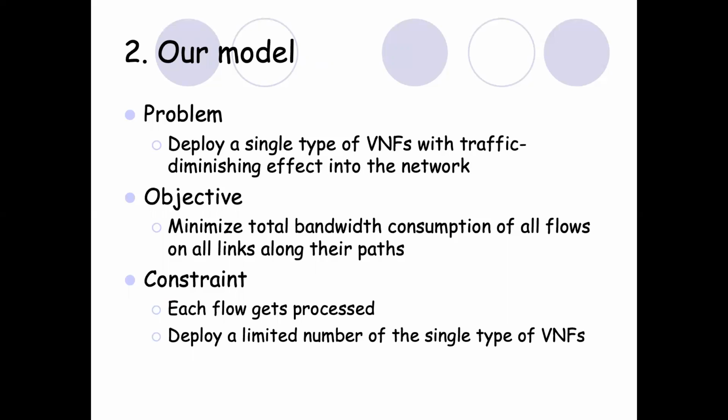We need to make sure that each flow gets processed by a middlebox. And we have another constraint: the total number of middleboxes cannot be larger than a predefined parameter k.